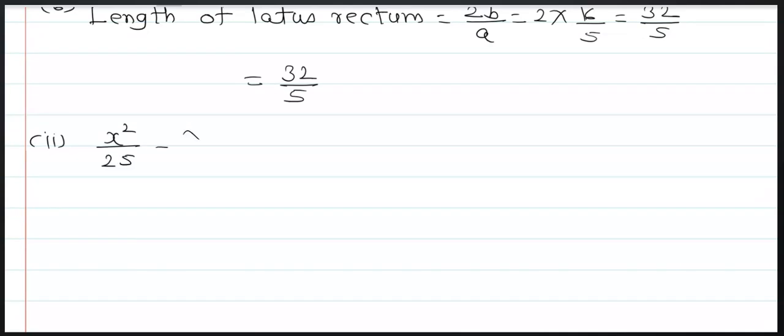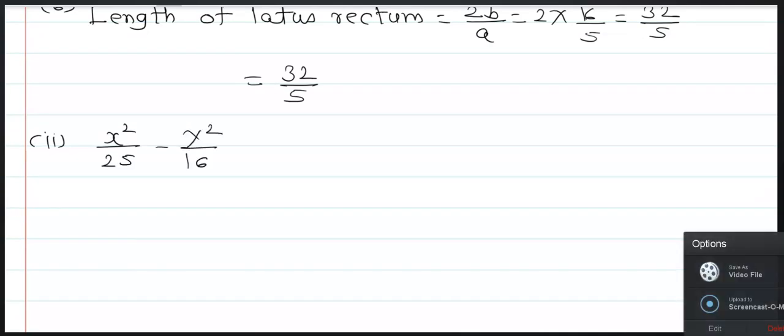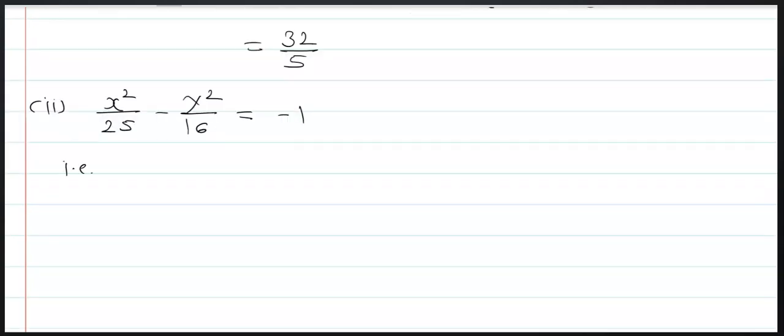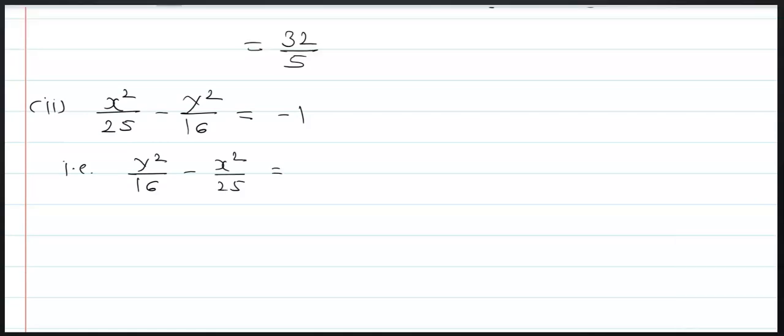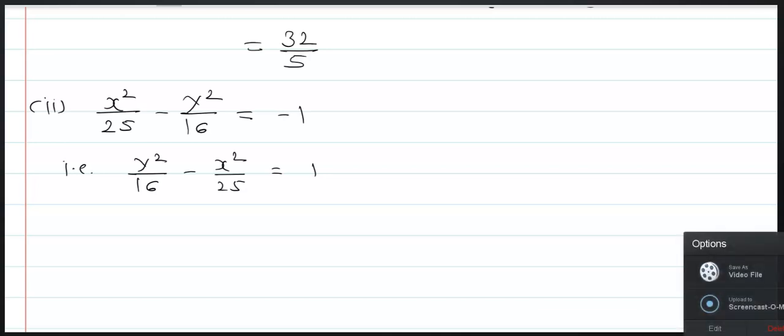x square upon 25 minus y square upon 16 is equal to minus 1. That is y square upon 16 minus x square upon 25 is equal to 1.